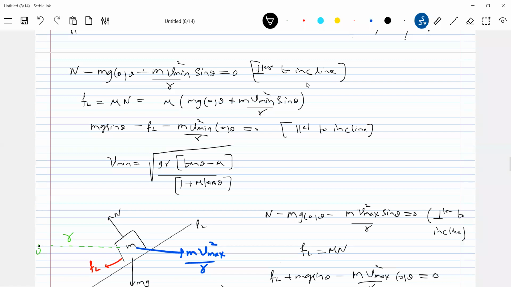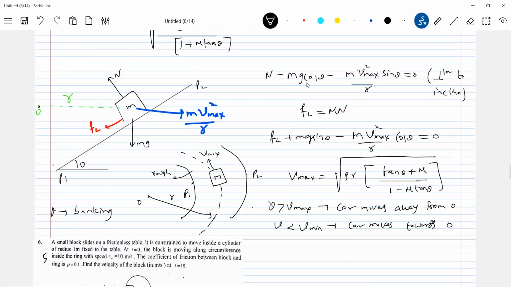Check the equations once. Fine, this one. So solve it later on. It's a bit of just mathematics.